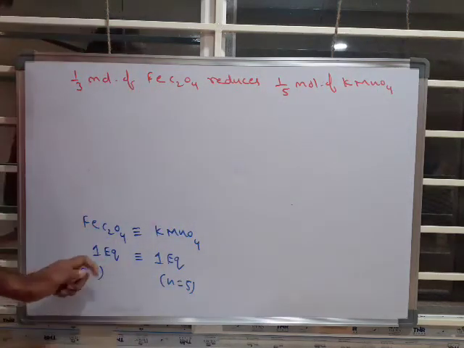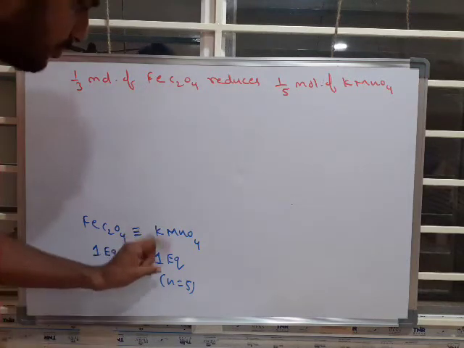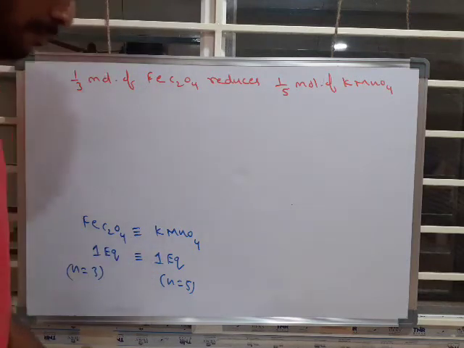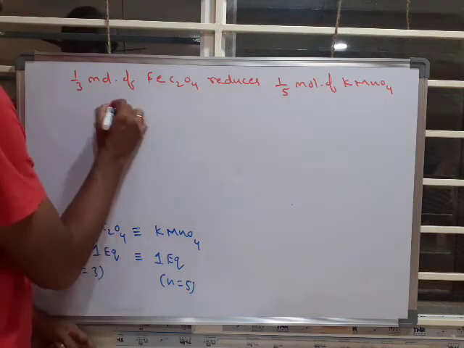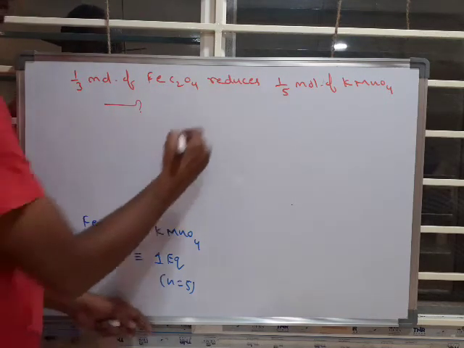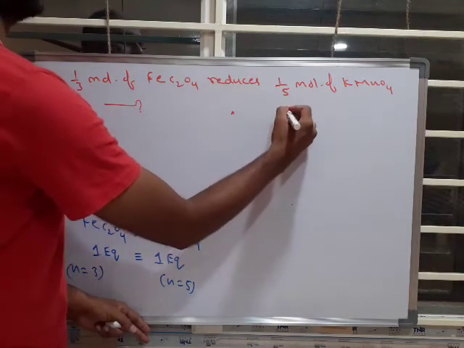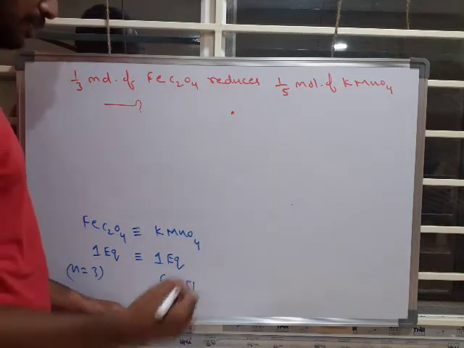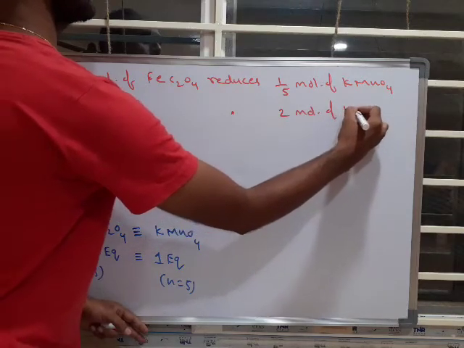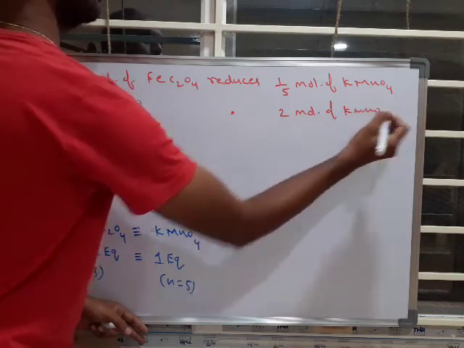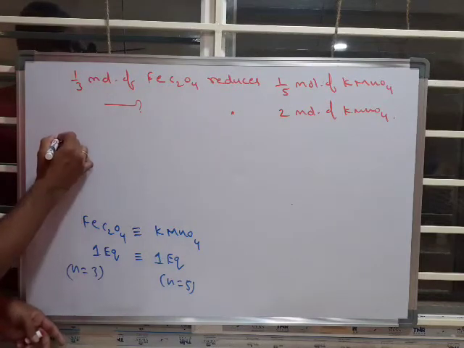So it is according to their N factors. But the problem asks how many moles of ferrous oxalate are required to reduce how many moles? It is given 2 moles of potassium permanganate.